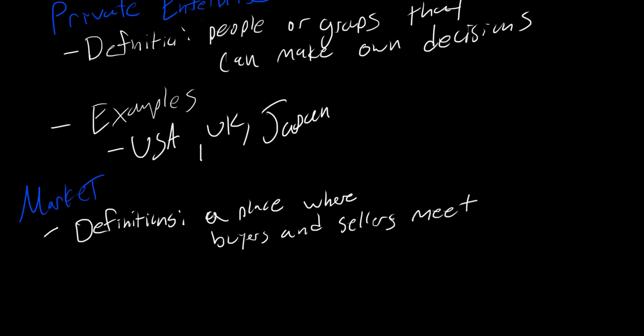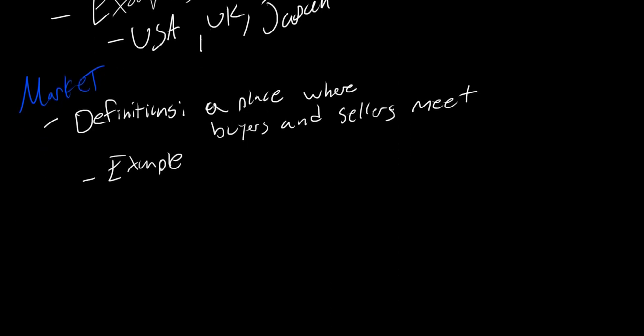An example is oranges, the orange market. The orange market has people that want to buy oranges and people that want to sell oranges. There are markets for everything you can think of.